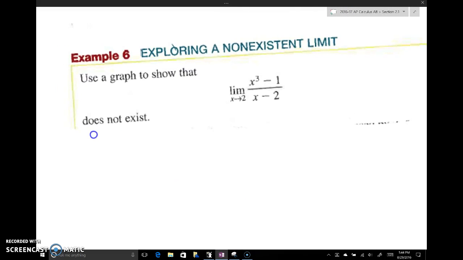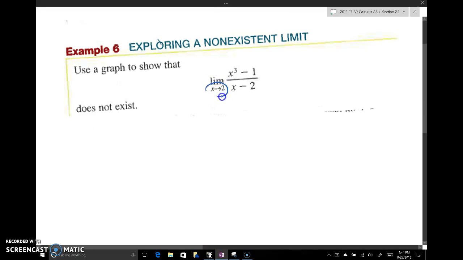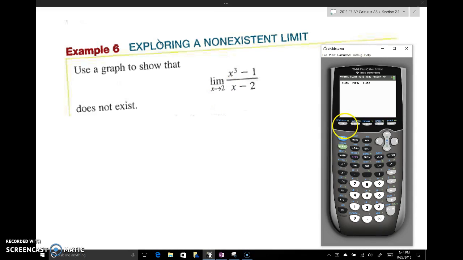All right. So here they want us to graph to show that this limit does not exist. We can look at it and tell that that might be the case because, again, the bottom is going to be equal to 0 as x approaches 2. So we're not going to be able to use the quotient rule for that. All right, so we'll do x cubed minus 1.